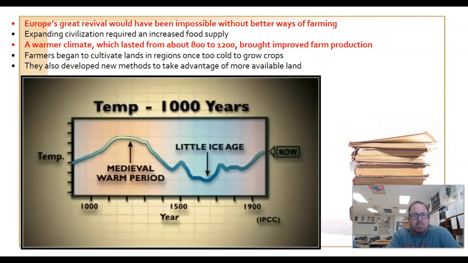Wait a minute, this can't be right. I thought global warming was happening today. Well, I guess back then they had global warming too, but they didn't have cars and factories and stuff, so I wonder why. Well, anyway, we're not going to talk about that, but I guess because of increased temperatures, more crops were able to grow, and that might have been part of the reason why the population of Europe increased.